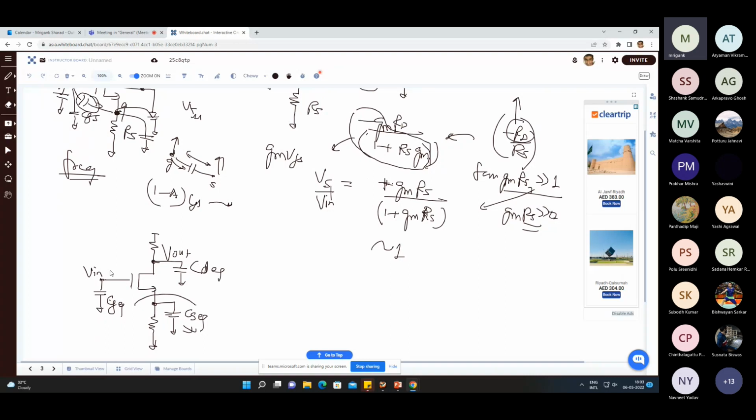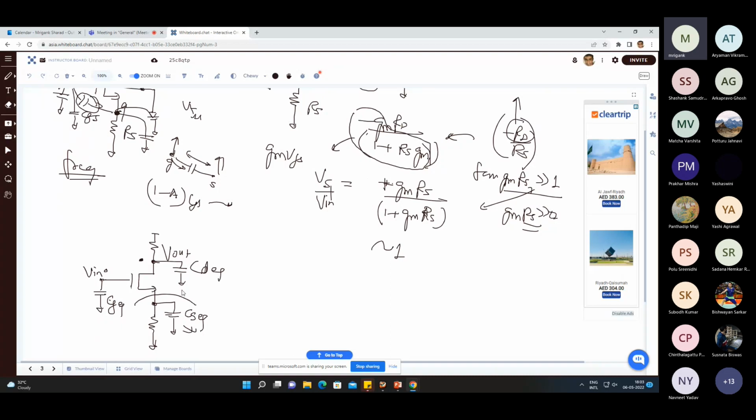So while calculating the effect of these two caps, I can ignore the effect of the cap at the source, because the CS equivalent is mostly constituted of CSB, whereas this one is CGD multiplied by the Miller effect. Here also, of course, the drain capacitance is because of the CDB and a little bit because of the Miller effect; the CGD effect is also coming, and the CDB is coming.